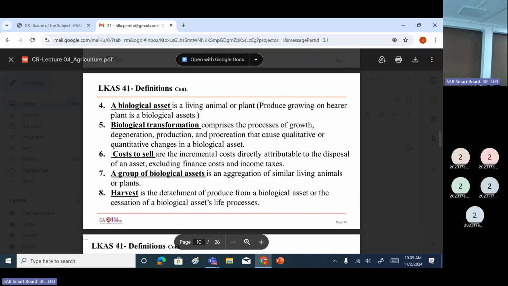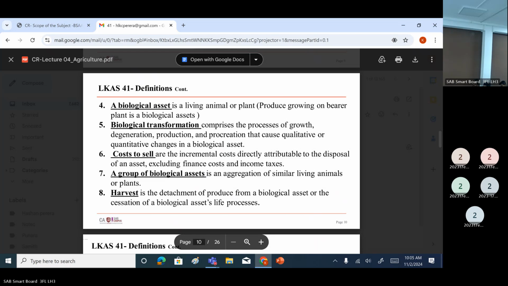It's a kind of a team, a group, a bunch of agricultural assets, right? Examples: the birds in a cage, or the plants in a tea estate, can be considered a group of biological assets.